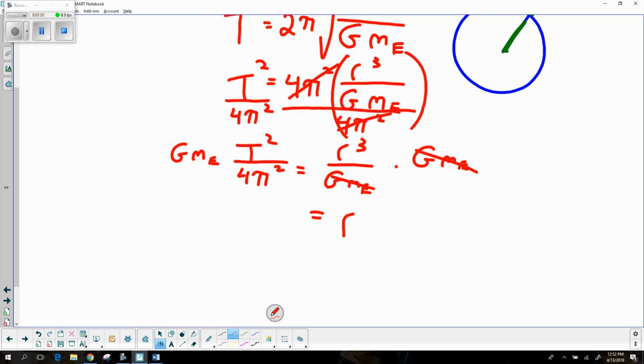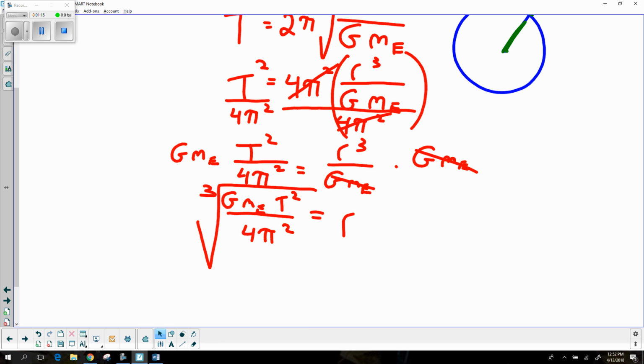So combining a couple steps into one. There is my rearranged equation to find the radius from the center of the satellite to the center of the Earth.